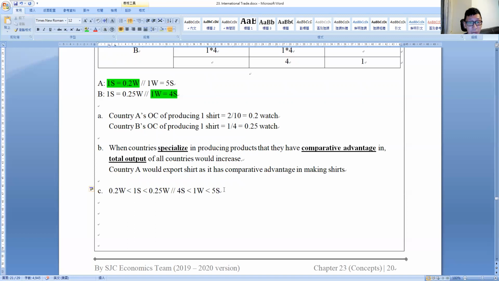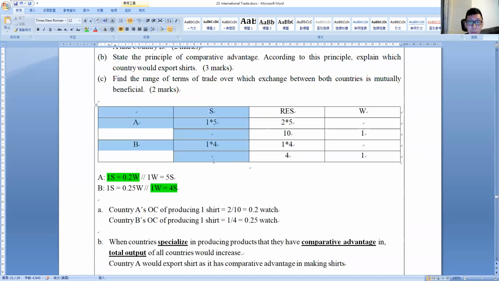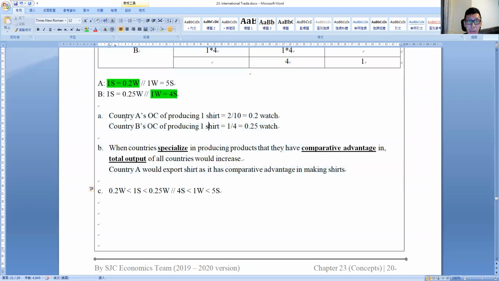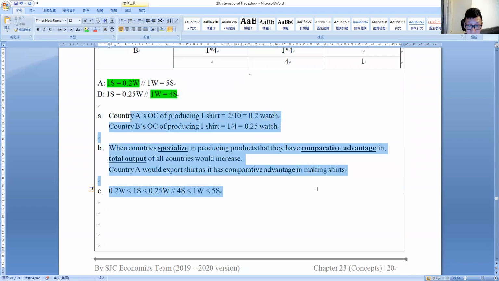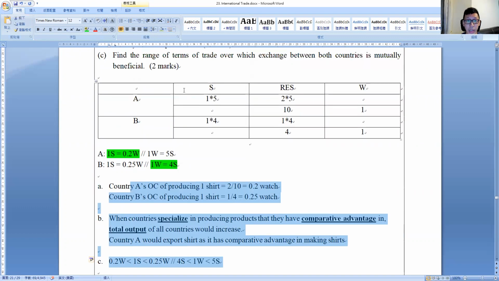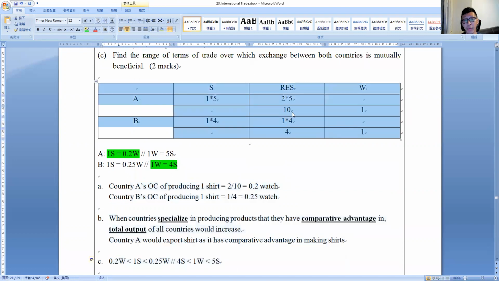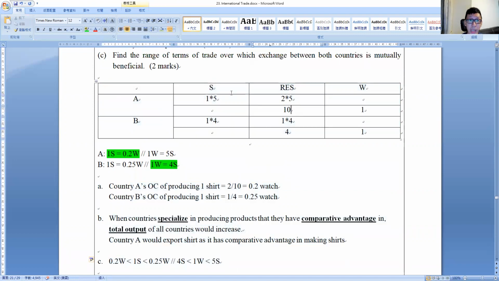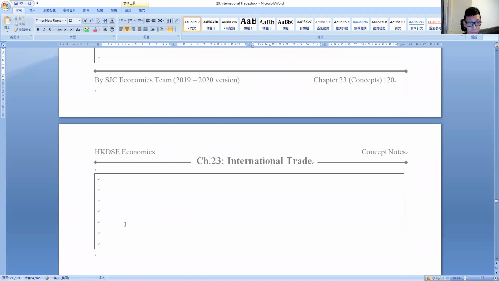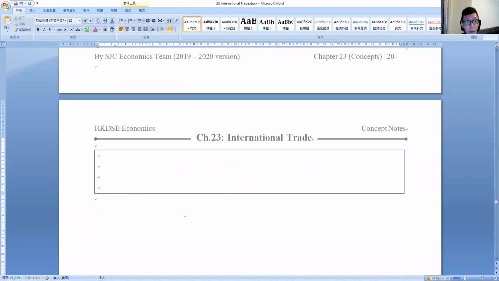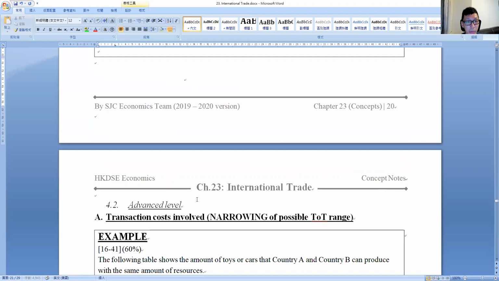Now this is the way we present the range of terms of trade. Okay, so learn it. So this is how we answer. So remember, you know how to do it, but you also need to learn how to present your answer. If you just write a table, no one understands what you did; it's only for your own convenience.